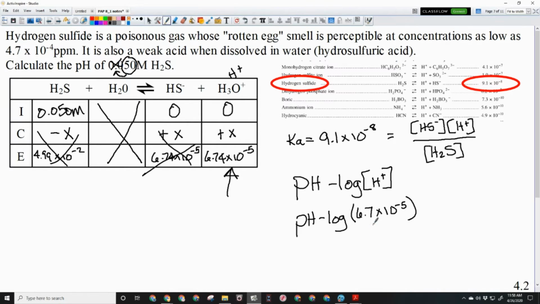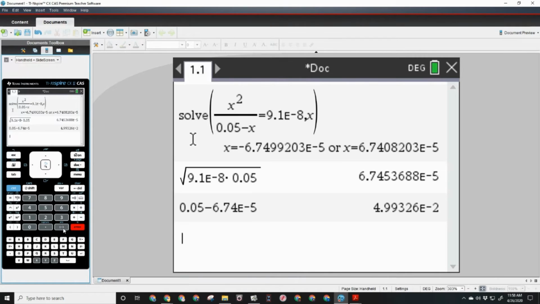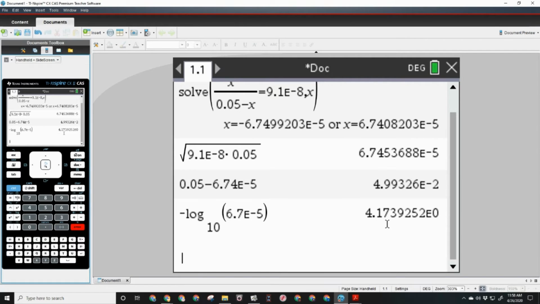Okay, all right, so going back to our calculator one more time, negative log, this is base 10, of 6.7 times 10 to the negative fifth, okay, 4.173.